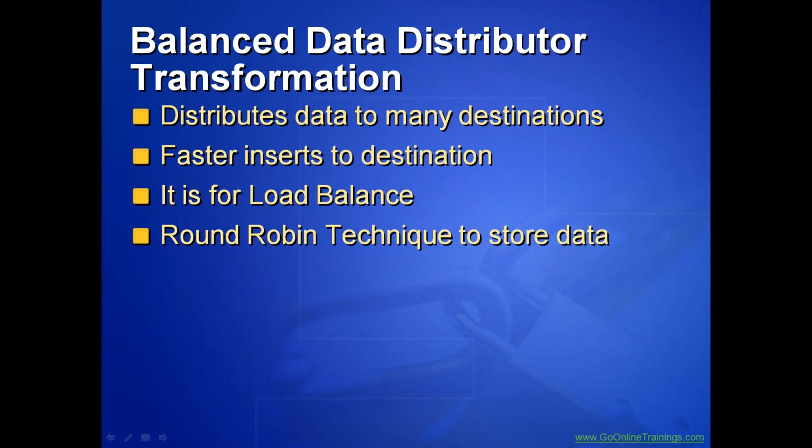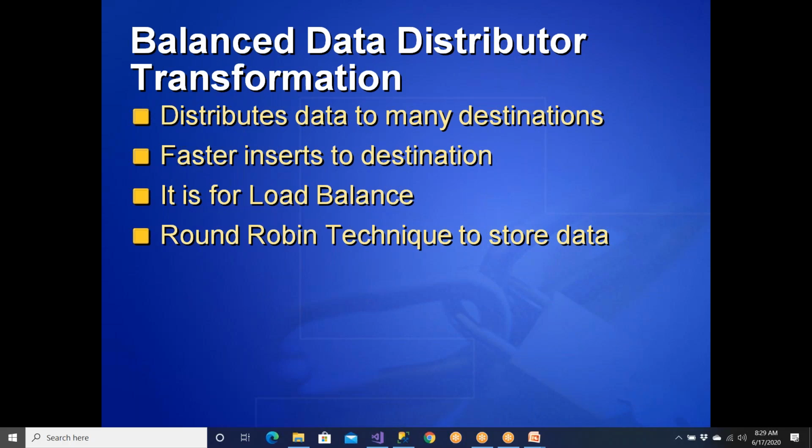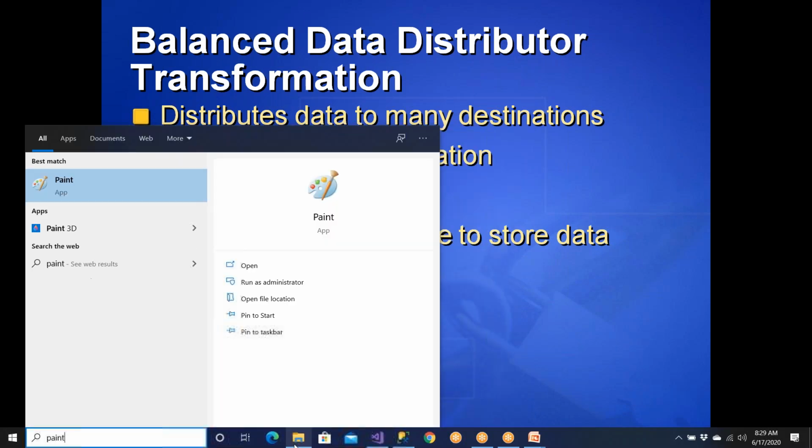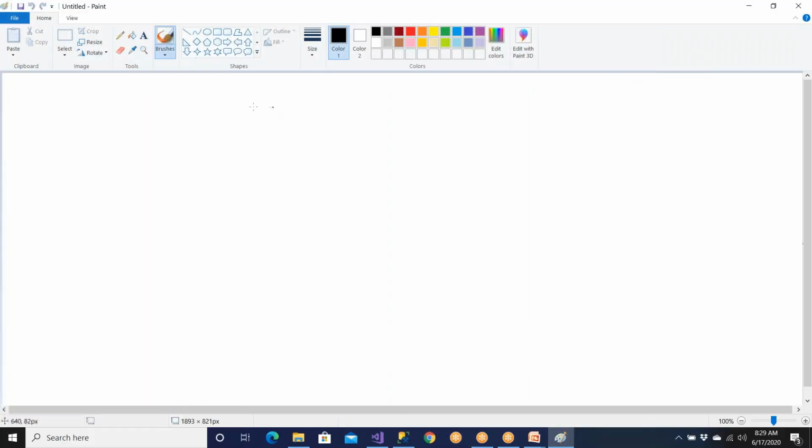The balanced data distributor distributes data to many destinations, for faster inserts to destinations. It is for load balancing, using a round robin technique to store the data. Sometimes what happens is that we get a lot of data coming from the source. Clear?